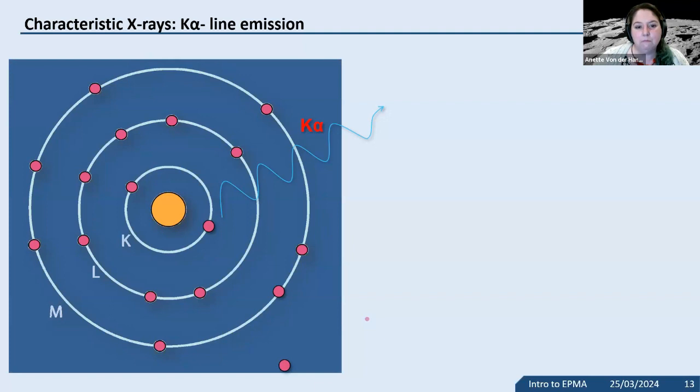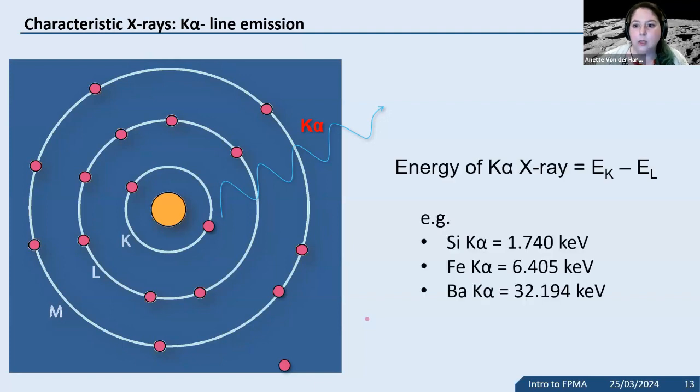X-rays are being emitted, and the energy of that X-ray is the difference between the different shells that were involved in this process. And because the energy levels depend again on the element and the attraction of our nucleus, we get our characteristic X-rays.